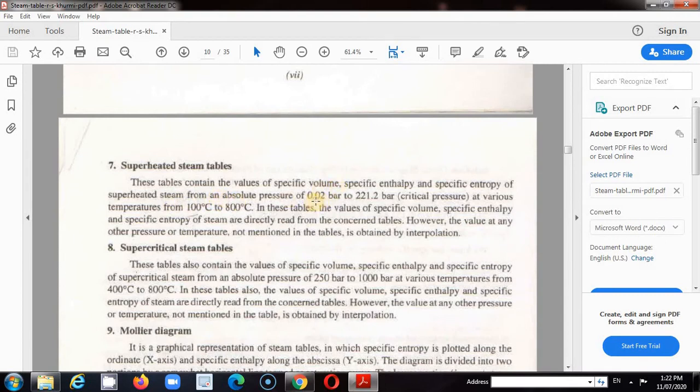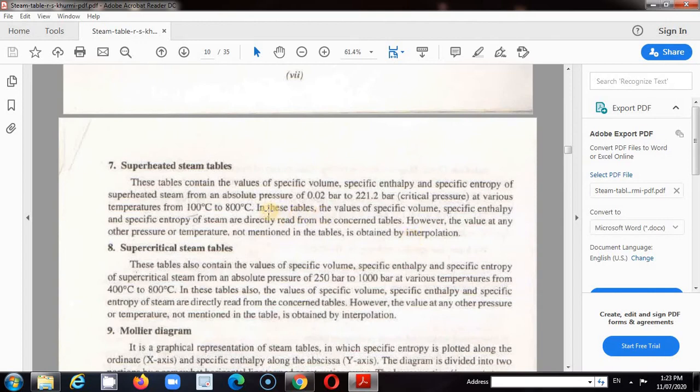So students, we must know that for superheated steam the absolute pressure is in the range of 0.02 bar to 221.2 bar, that is the critical pressure, at various temperatures from 100 degrees centigrade to 800 degrees centigrade. So this is the limit in this table. The values of specific volume, specific enthalpy and specific entropy of the steam are directly read from the concerned table. However, the value at any other pressure or temperature not mentioned in the table is obtained by the interpolation method.